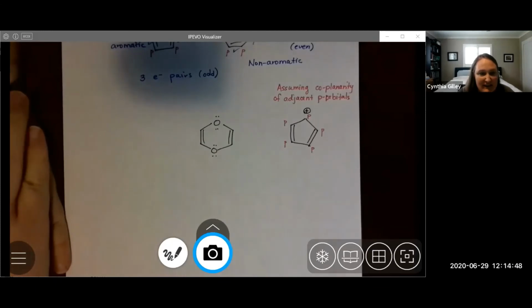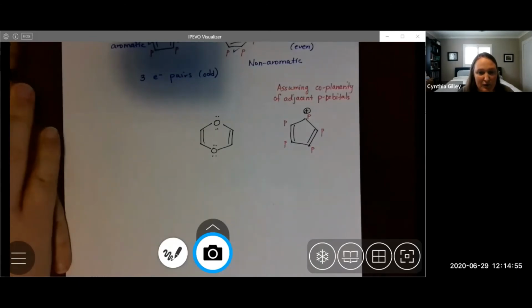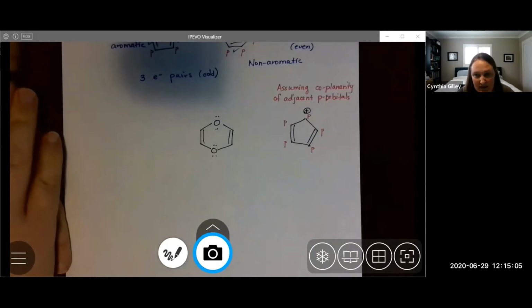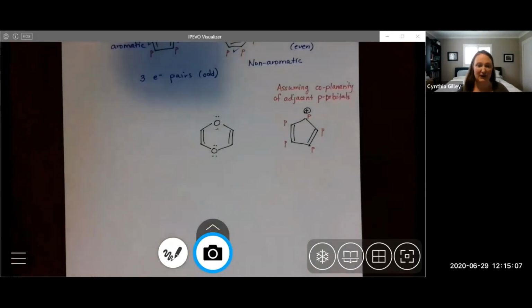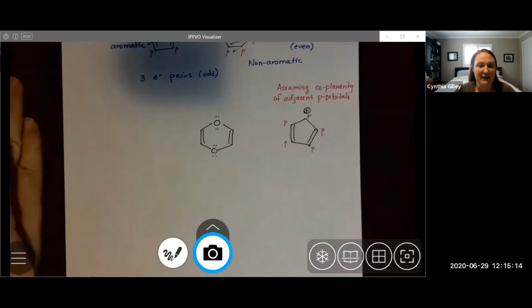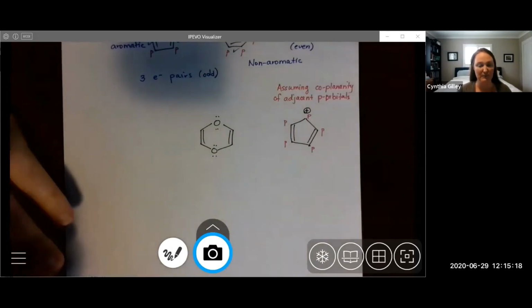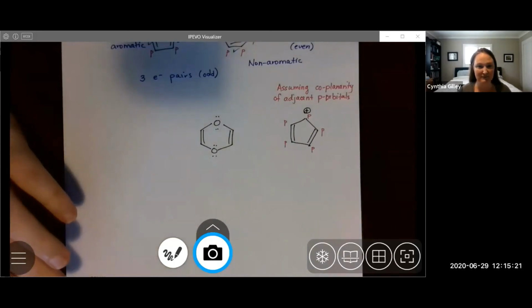In which case, we'll never call anything anti-aromatic. The majority of molecules are never truly anti-aromatic because they can just avoid being planar, avoid overlapping the p orbitals, and therefore they're not anything. They're just not aromatic, right? So if they can adopt a different conformation to avoid being planar, they're not anti-aromatic anymore. Because if those p orbitals don't overlap, they don't form those molecular orbitals, right?